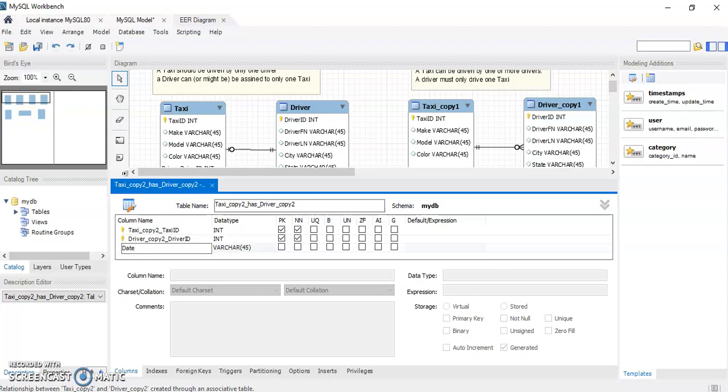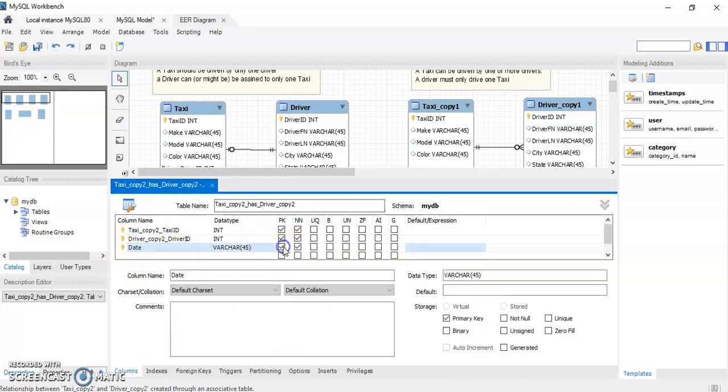When the driver, for example, takes over a taxi, or is assigned a taxi, etc. And we can even make this a strong composite primary key. As you can see here, all those are primary keys. We can change the name to assignment or anything that makes sense to us. It doesn't matter, as long as it makes sense to us, it's good.